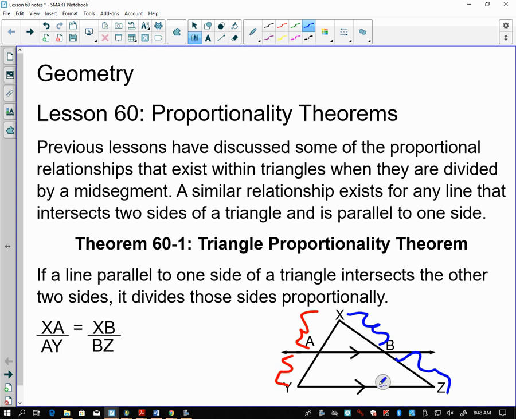So if I knew that this was, say, 4 and this was 3, and I knew that this was, say, 4 over here, I could set up a proportion of 4 over 3 equals x over 4, right? Cross multiply and divide. I'm probably going to get a decimal number because I'm getting 16 divided by 3. Does this make sense? All right, so we see how that works practically?